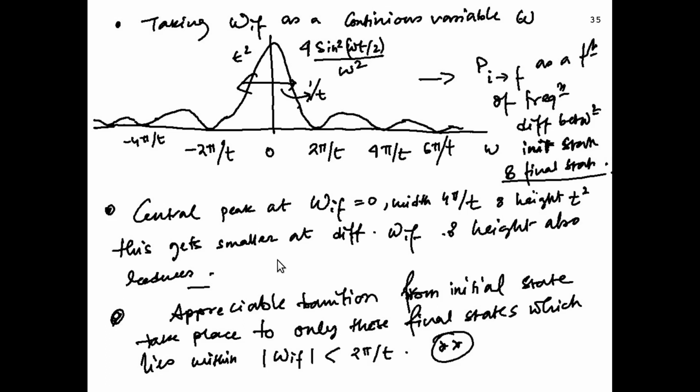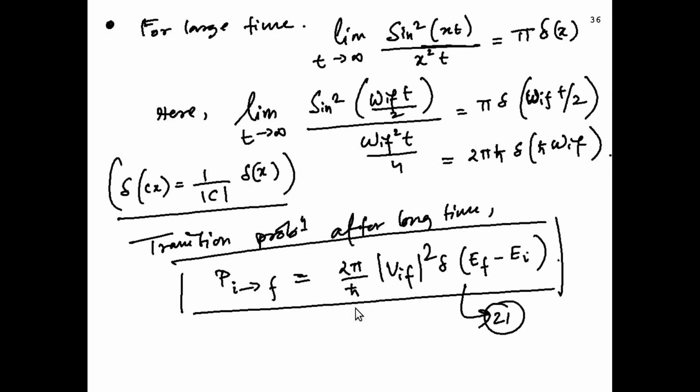Rather, the probability of a transition into a state which is not of the same energy as the initial state reduces as you wait longer. Similarly, you will see an appreciable transition from initial state to final state only within omega_if between minus 2 pi by t and plus 2 pi by t. We'll emphasize this point further at a later stage.